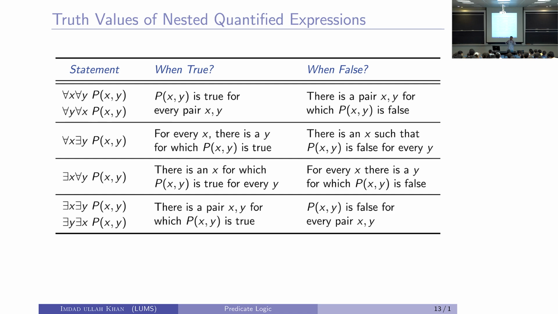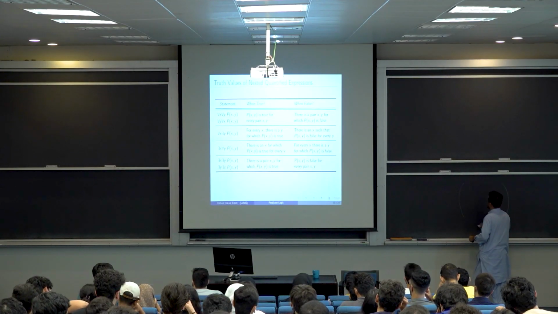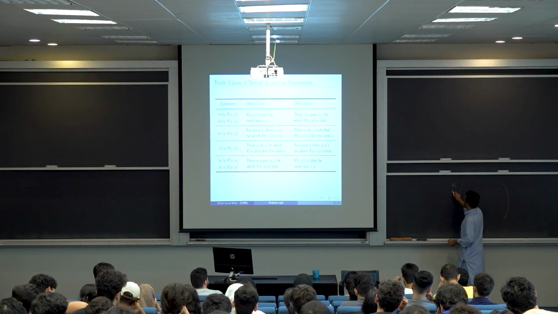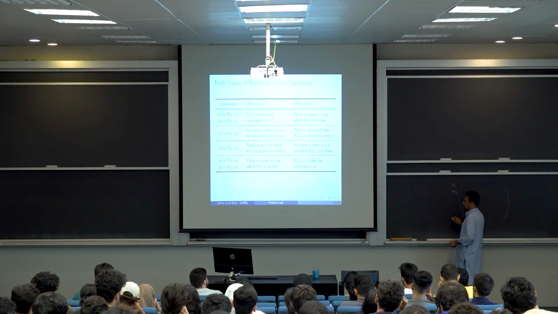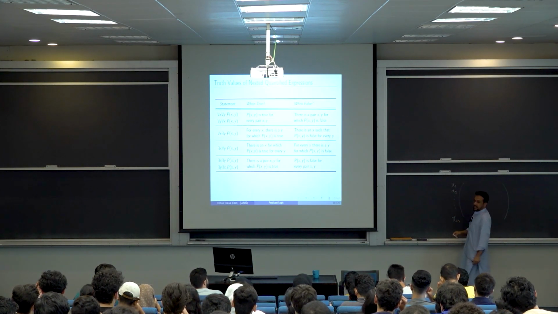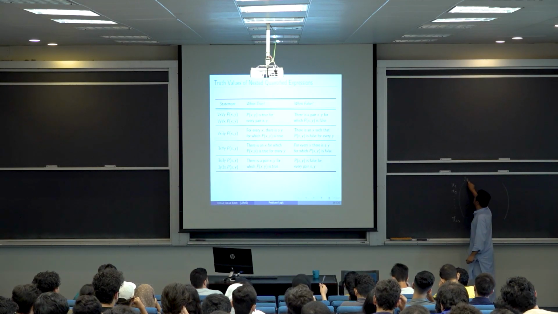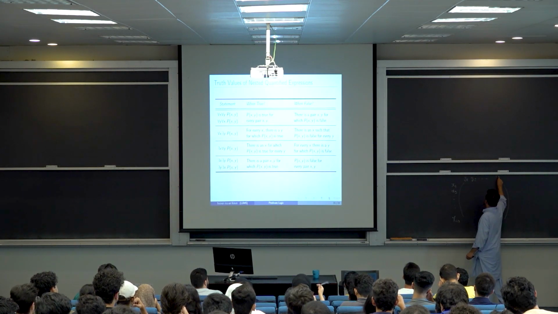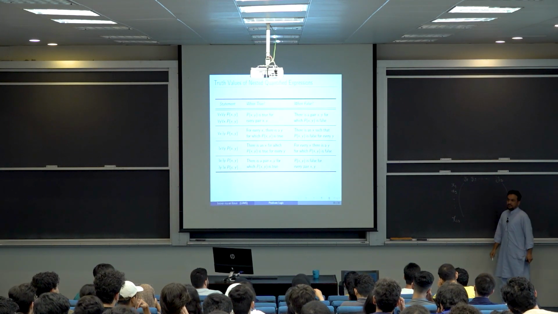If you picture this, let me just draw it. The pairs of universe of discourse could be written like this. So these are possible values of x, we said there are 10 of them, and these are possible values of y, we said there are about 12 of them.